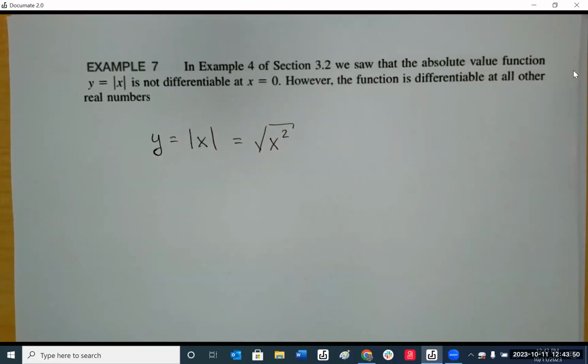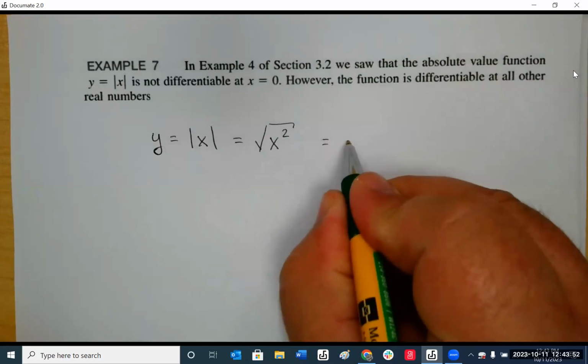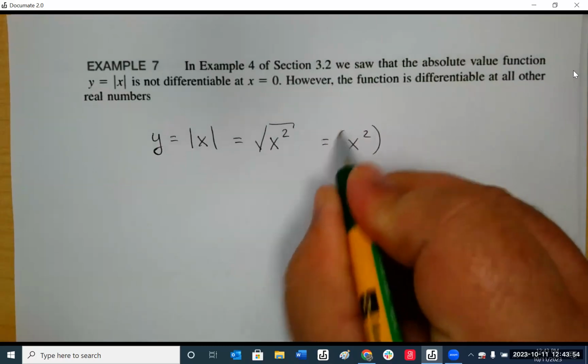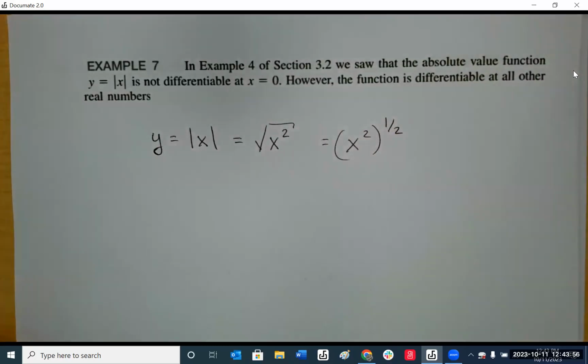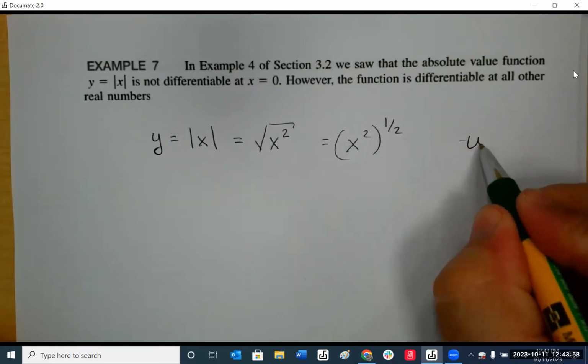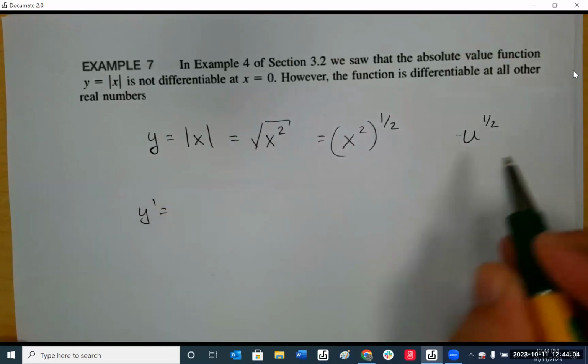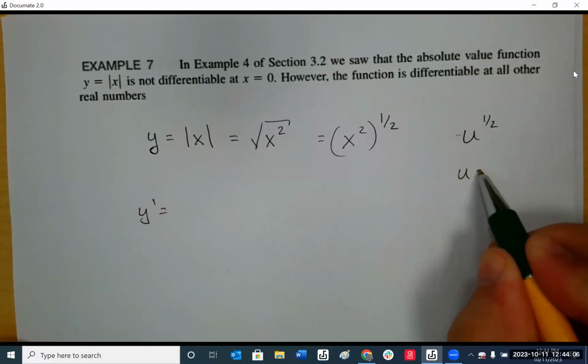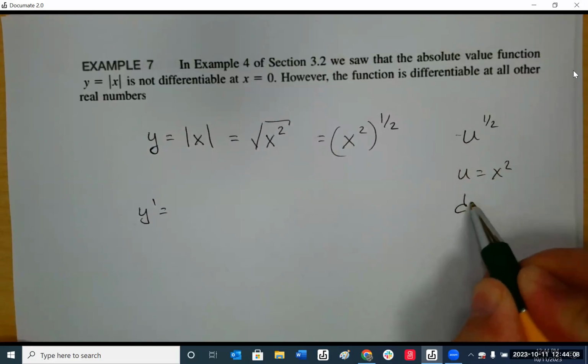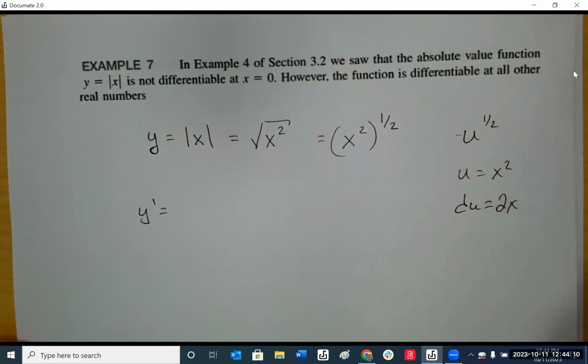So that would be x squared to the power 1/2. So u equals x squared, so du is 2x.